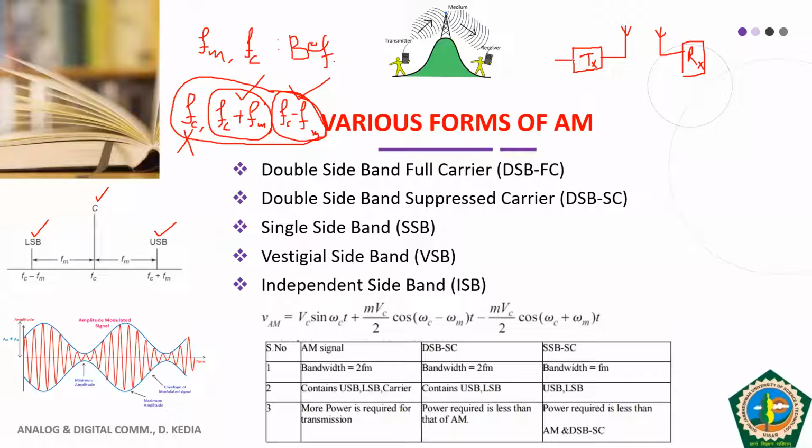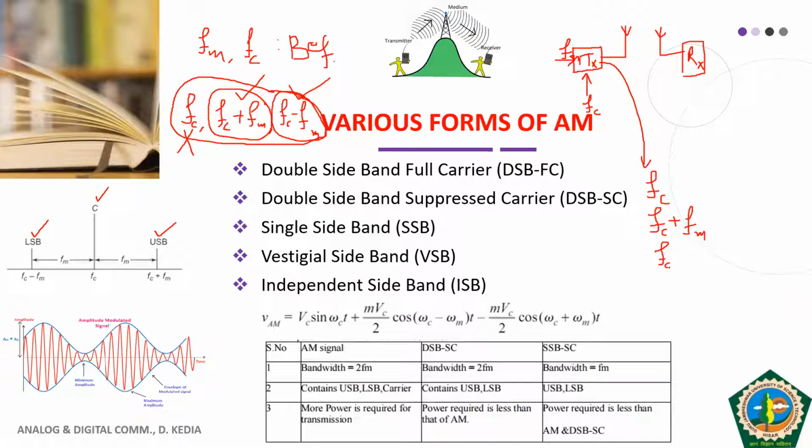At the input of the transmitter, I had two frequencies, FM and FC. What does the transmitter do? It combines the two, and at the output of the transmitter, due to the modulator, we get three frequencies: FC, FC plus FM, and FC minus FM.